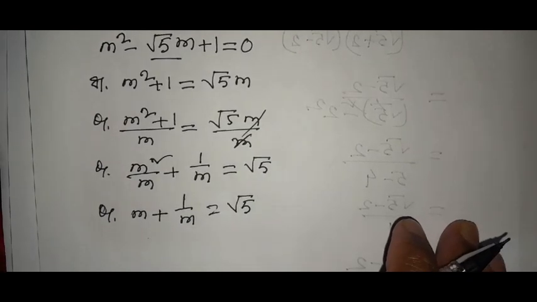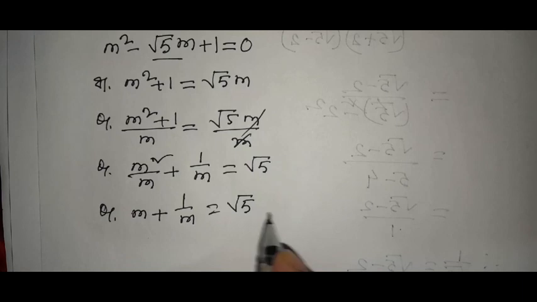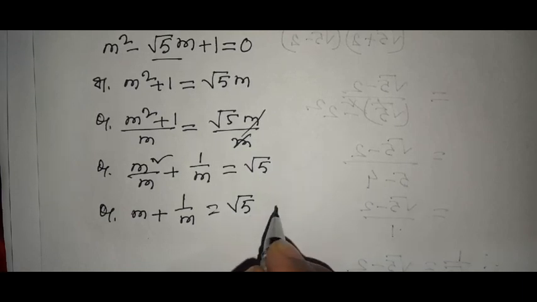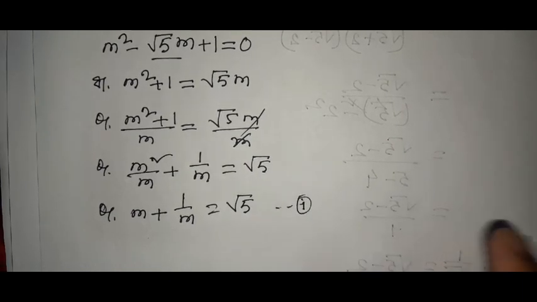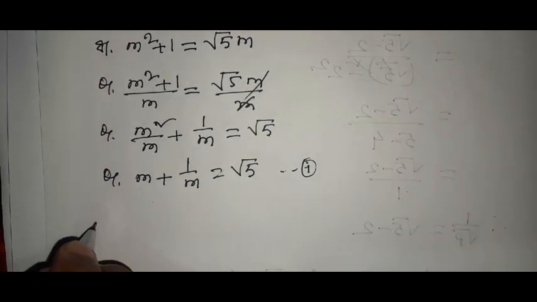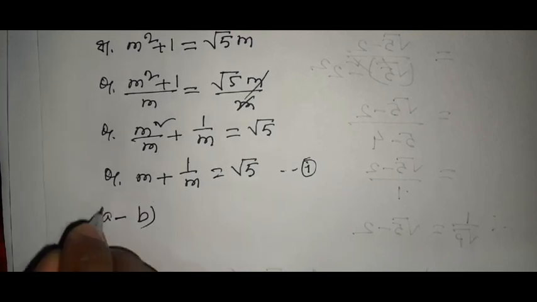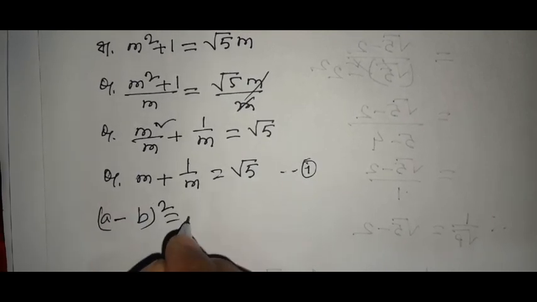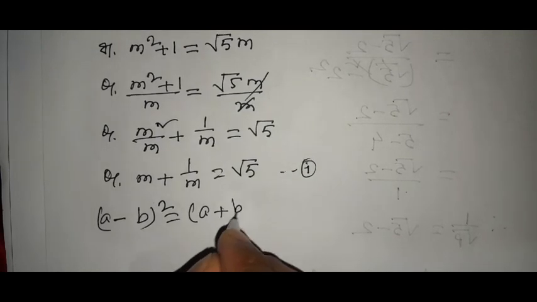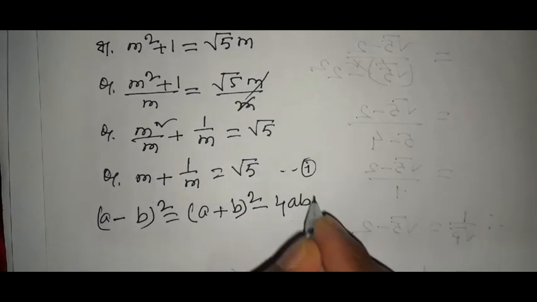Then we find out the value of m − 1/m. We call m + 1/m = √5 equation number 1. We know that (a − b)² is equal to (a + b)² − 4ab.